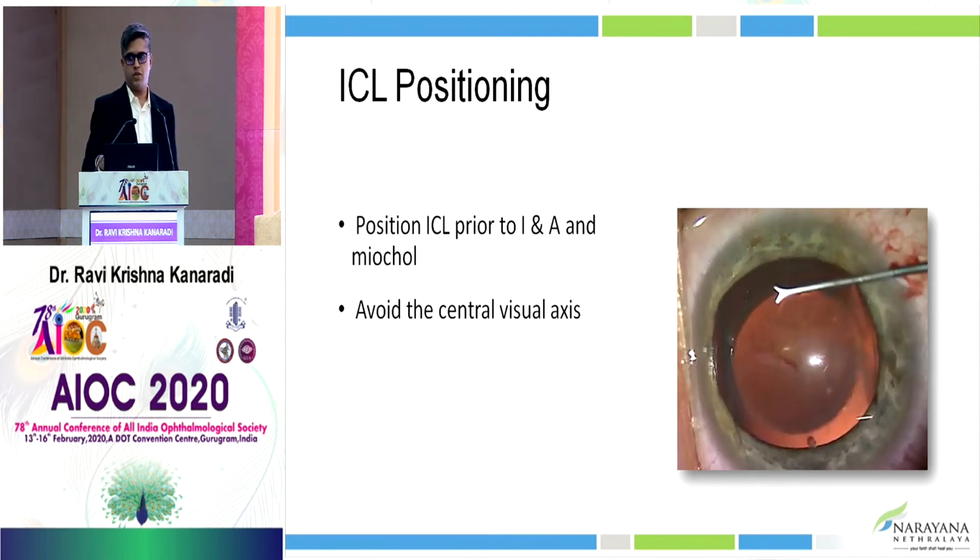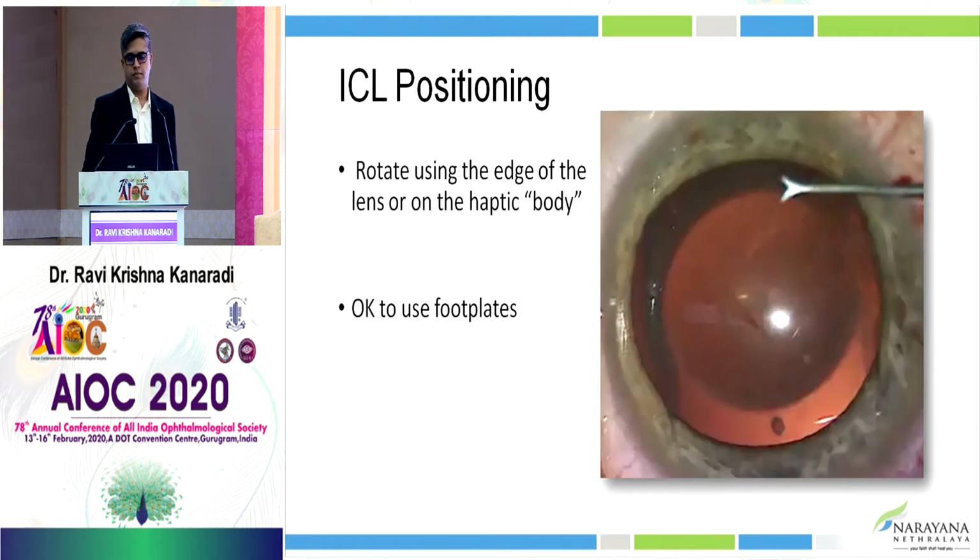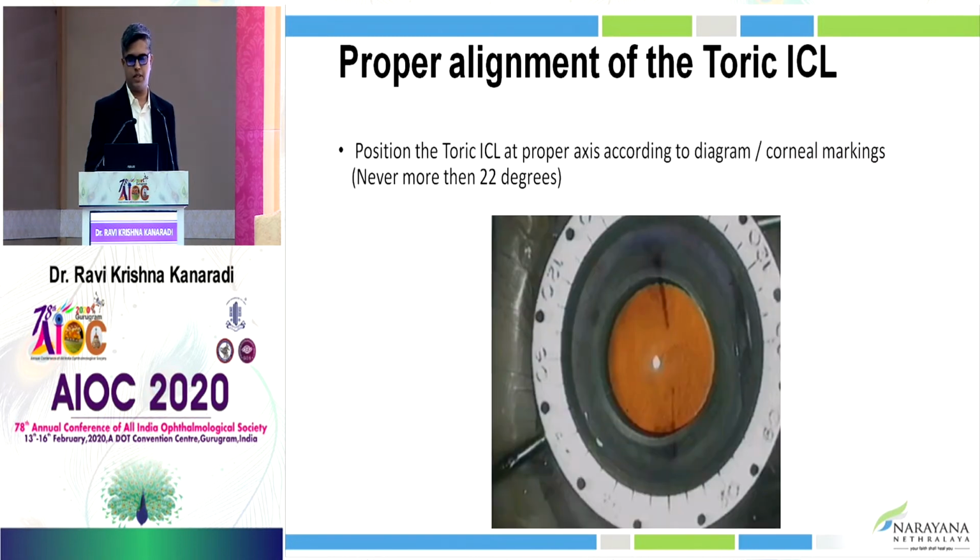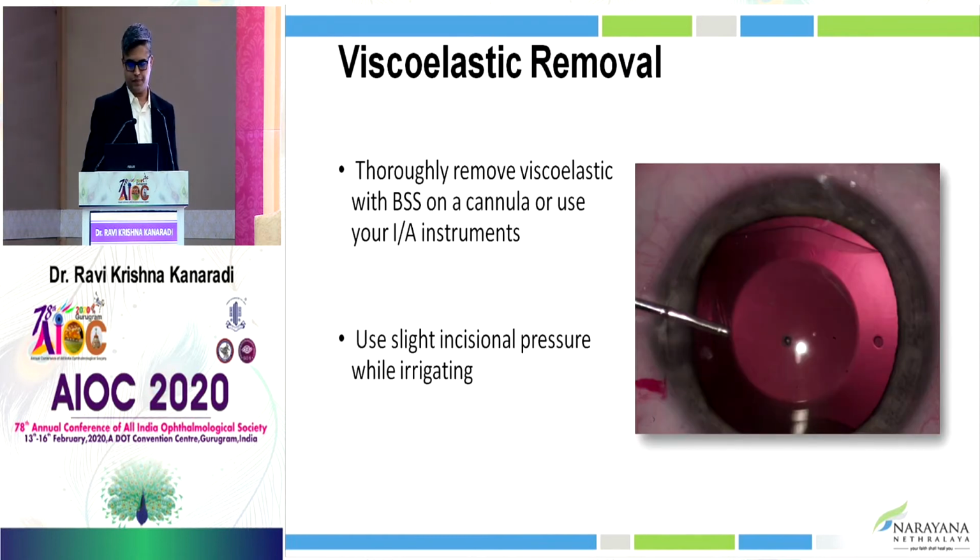So just rotate. Then viscoelastic removal is very, very important to prevent a post-operative IOP rise. Once the ICL is positioned, remove the visco. As with toric, you can take a marker and mark, then align the lines on the ICL to that axis.